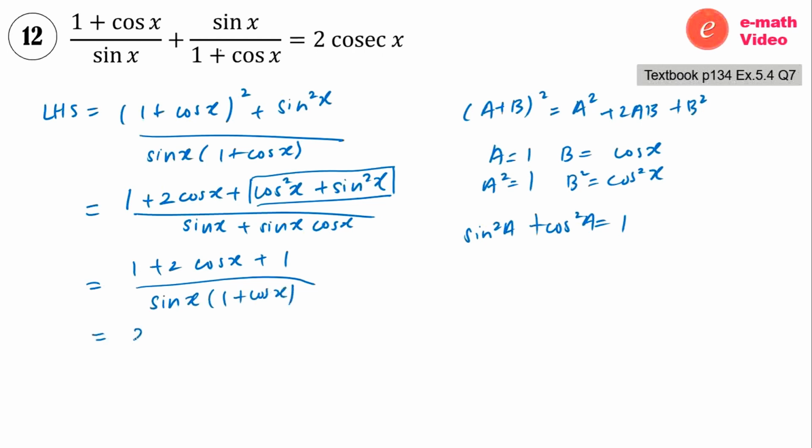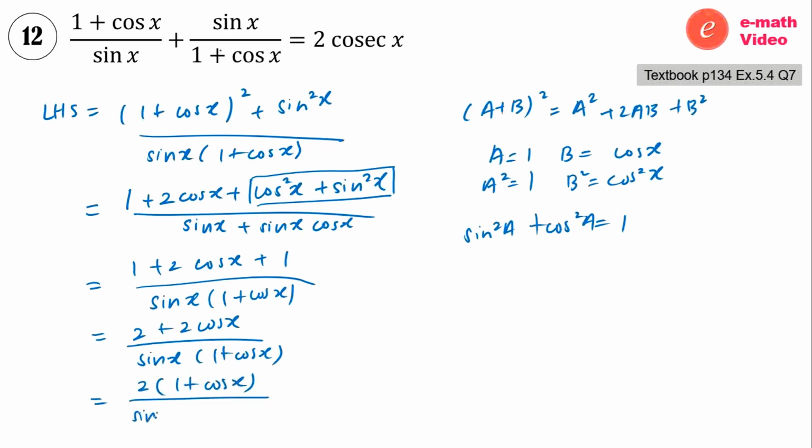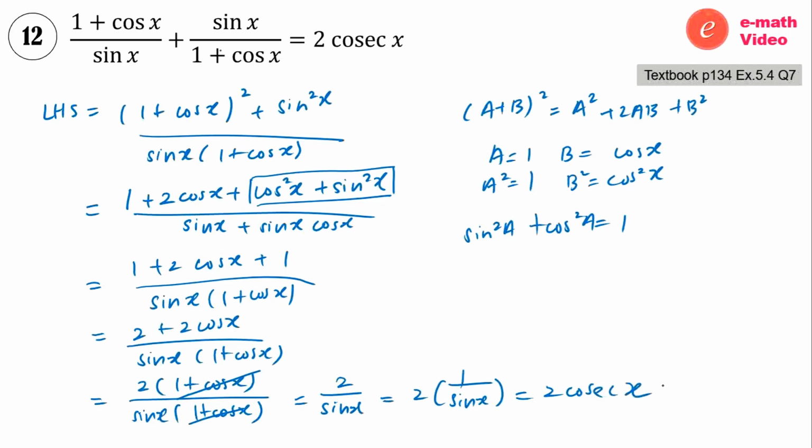So then, you see, we have 2 plus 2 cos x over sin x times 1 plus cos x. We can factor out the 2 on top. 2 times 1 plus cos x over sin x times 1 plus cos x. See, 1 plus cos x and 1 plus cos x can cancel. Equals 2 over sin x equals 2 times 1 over sin x equals 2 cosecant x.